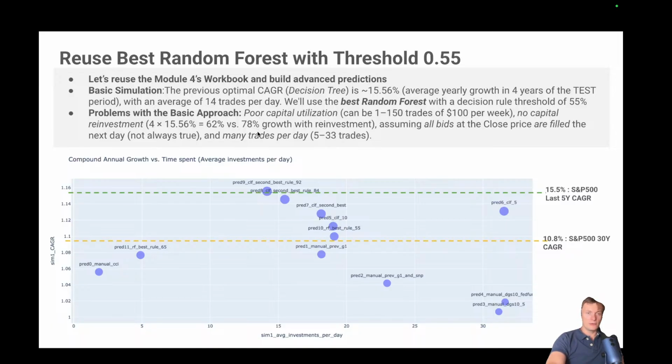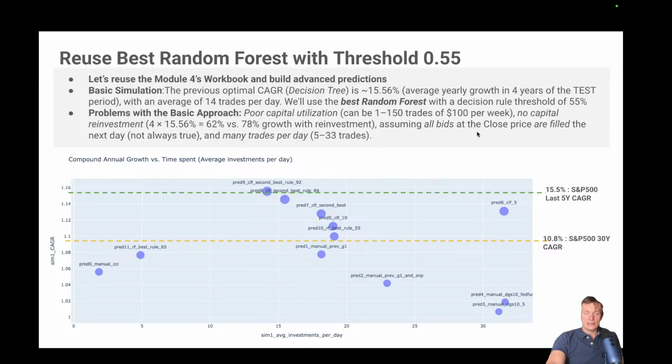So it's 1.15. You multiply 4 times, and you will have 1.78. That's a big difference, especially if the growth rate is not like 15%, but even if it is 10% or 5%, you will see a sizable difference.